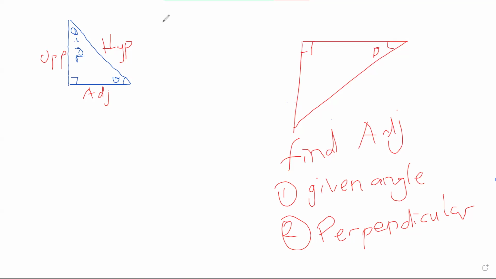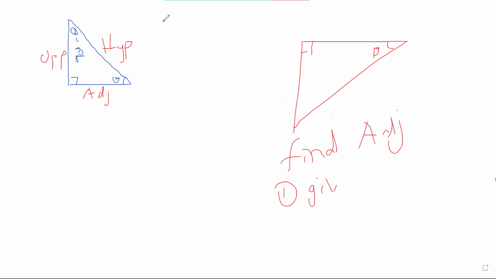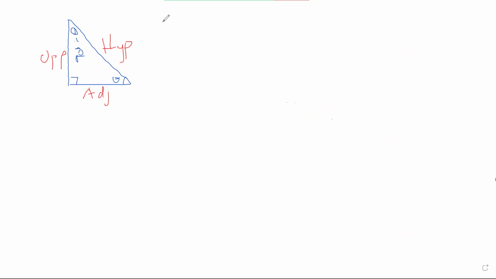Okay, in that bit, I think we can move on to explaining the fundamentals of the basic trigonometry ratios that we have. There are about three basic trigonometry ratios.